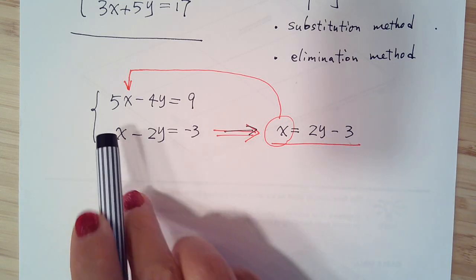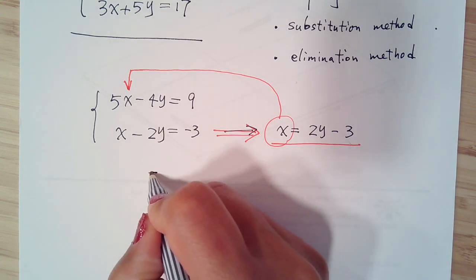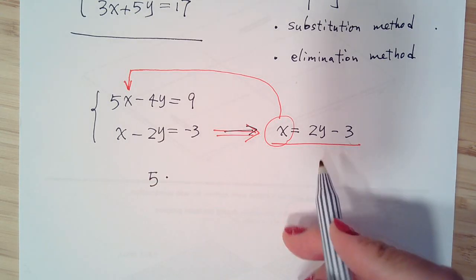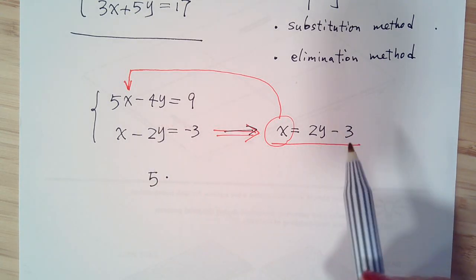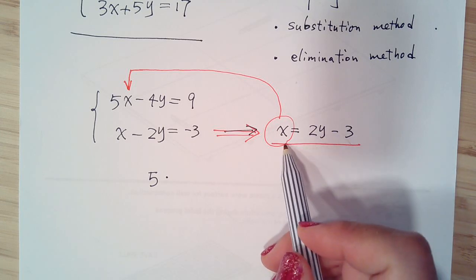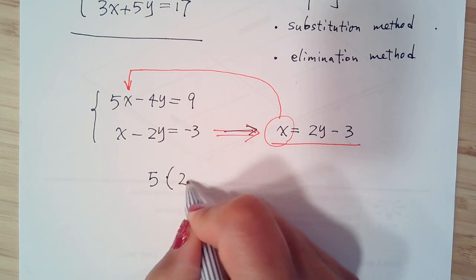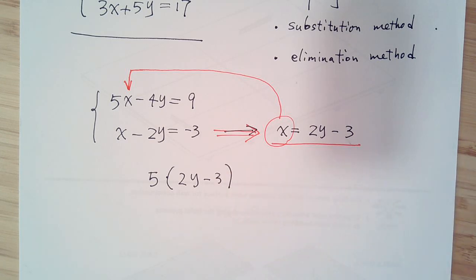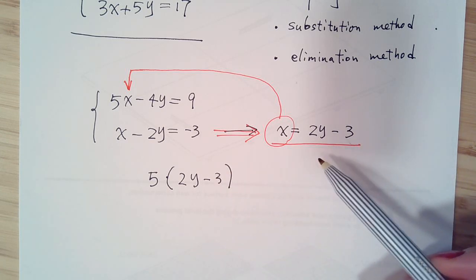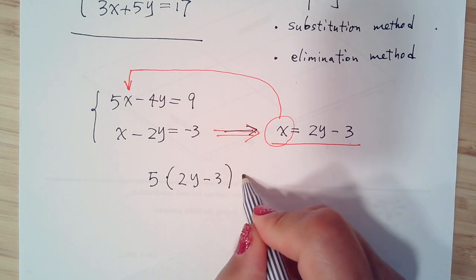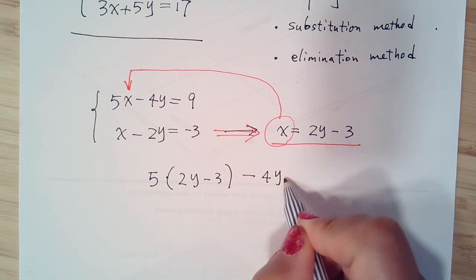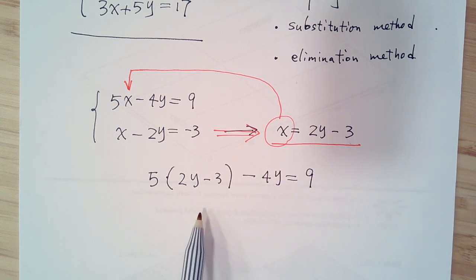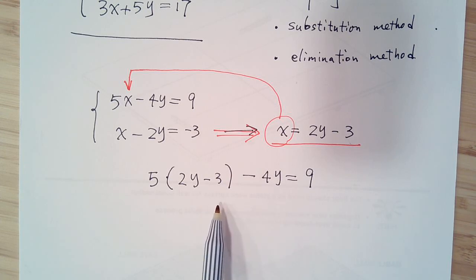You're going to have a 5 times x. Instead of having x, I use a substitution method, so I substitute x by 2y minus 3. What are you doing? You substitute x by 2y minus 3, and you copy the rest of this first equation. Did you notice there's no more x? The x is gone. How cool can that be?